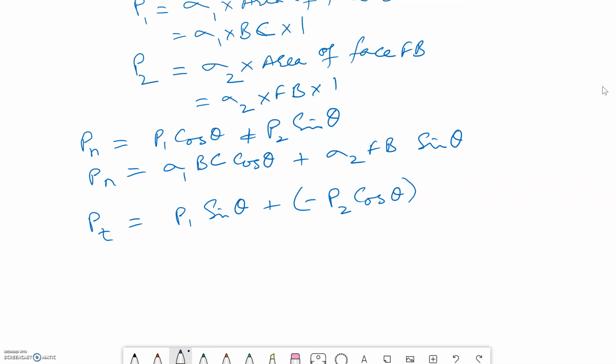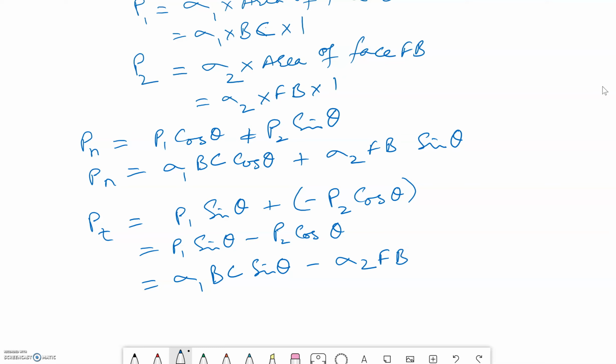So if you have taken one direction to be positive, the opposite direction will be negative. So this brings us to P1 sin theta minus P2 cos theta. Now substituting the value of P1 and P2, we get sigma 1 BC sin theta minus sigma 2 FB cos theta.